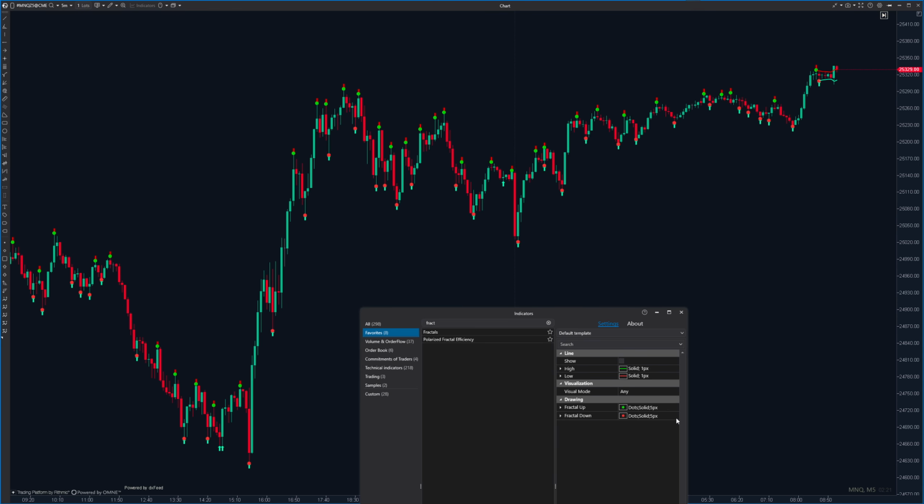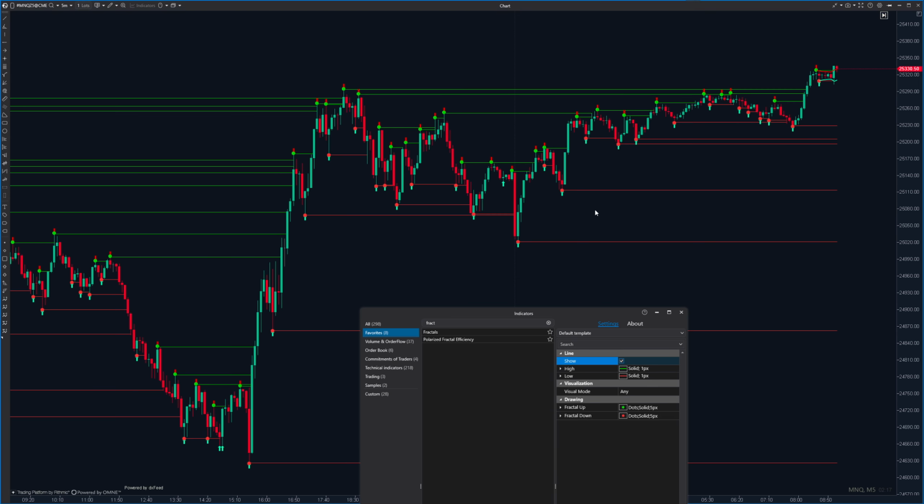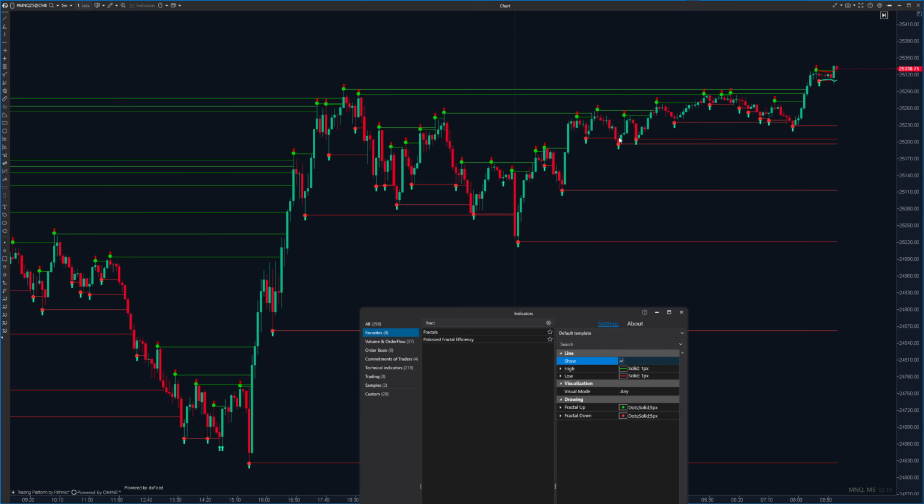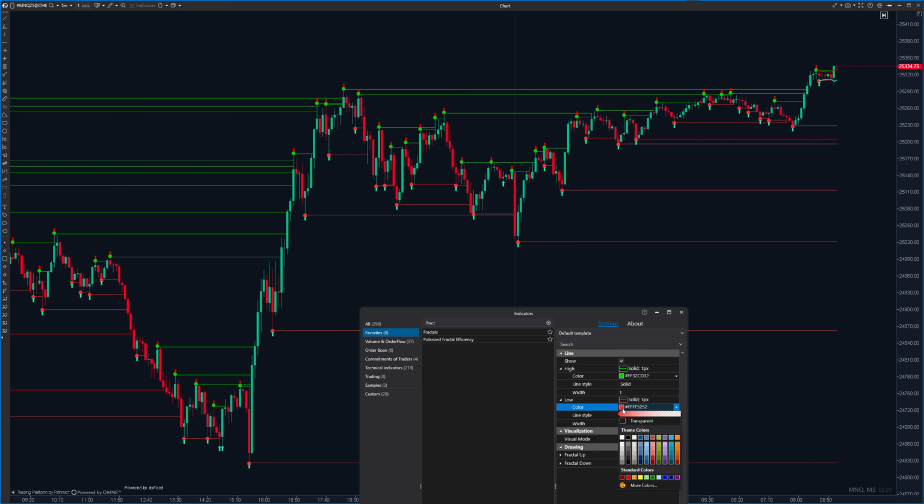And you can use the fractals for drawing swing highs and swing lows lines. And as soon as the line gets touched, then it's obviously invalidated, like here. It's not bad. It's a good indicator. In fact, you can use it. You can play with the settings and so on, so that it's less obstructive, which looks like this, for instance.